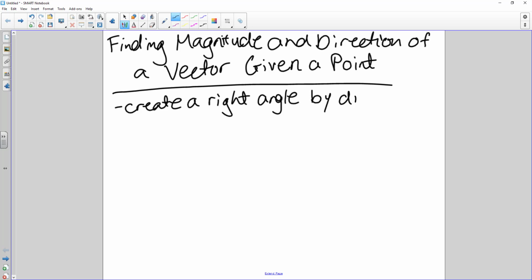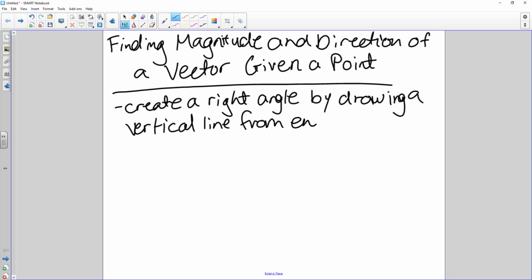by drawing a vertical line from the end of the vector to the x-axis.